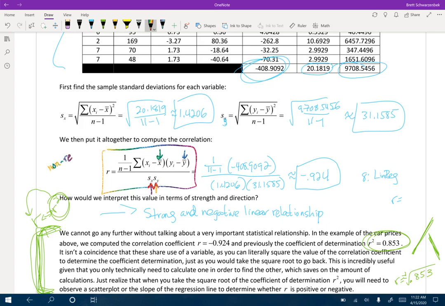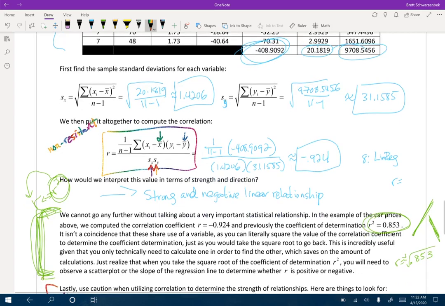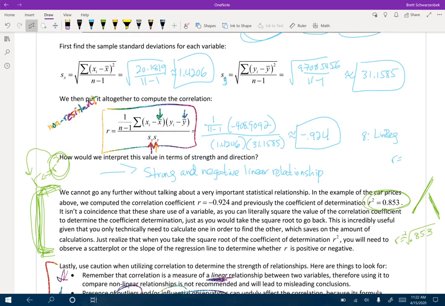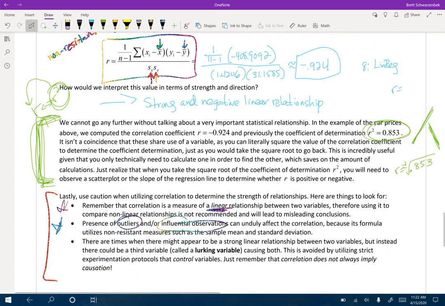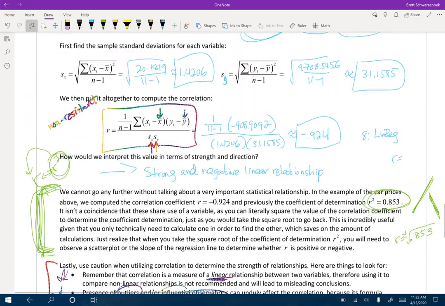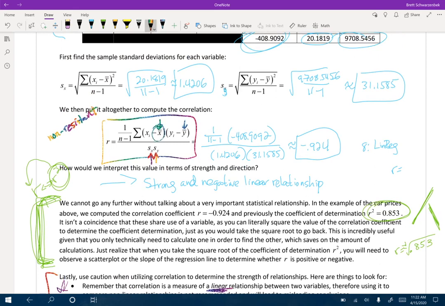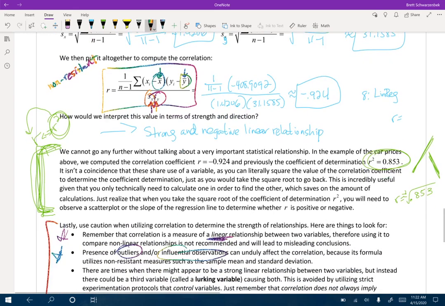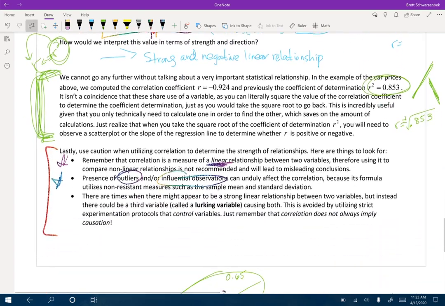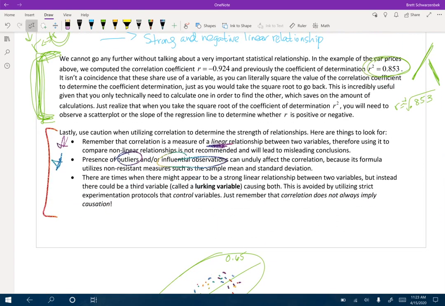You learned that all the way back at the beginning of the course. Why? Because if we put an outlier somewhere in there, the means and standard deviations will all be horribly affected. So if you're putting four of these in one calculation, then the correlation is going to be an absolute debacle. So just realize that ideally we want to use correlation when outliers are not present in a data set.